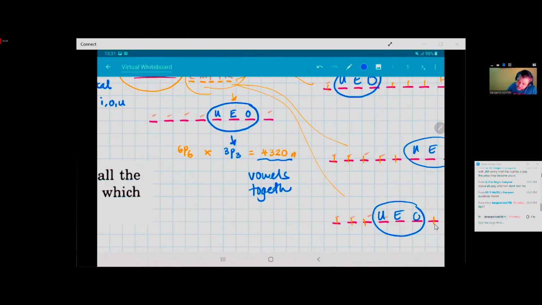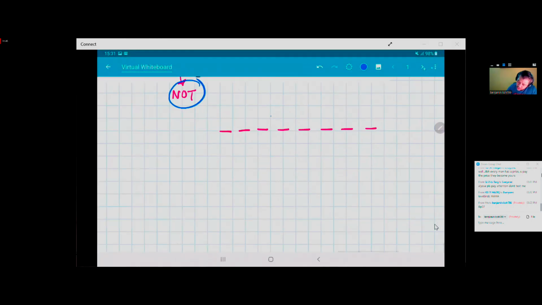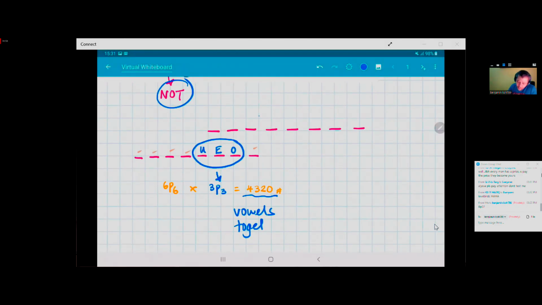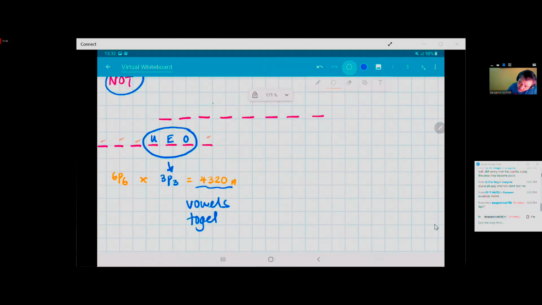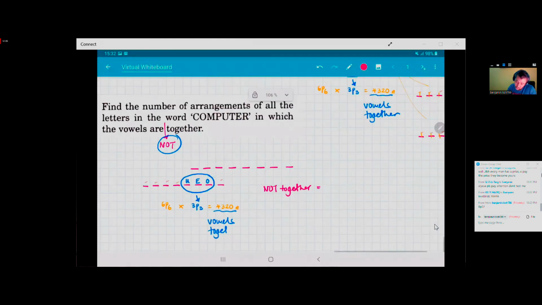So the working for this will still be like this. When they say not together, that means we will still do this, but one more thing. If I want to count for not together, how many letters are there? 1, 2, 3, 4, 5, 6, 7, 8.